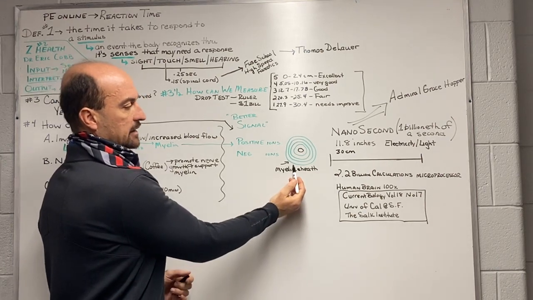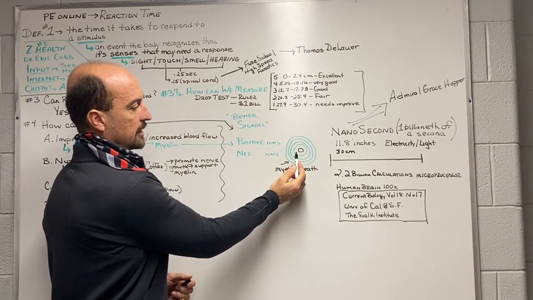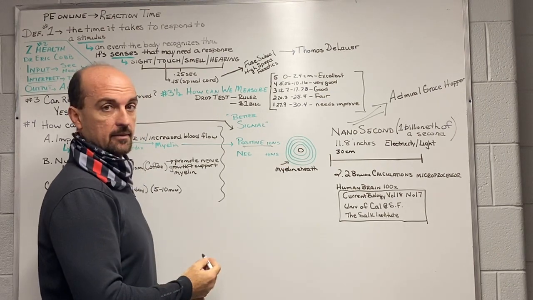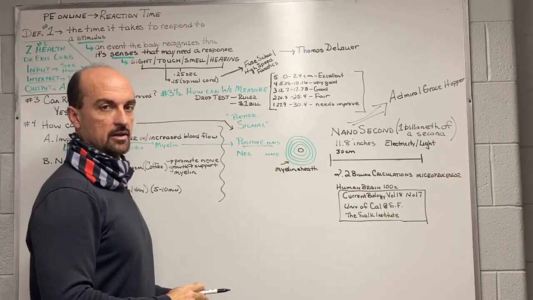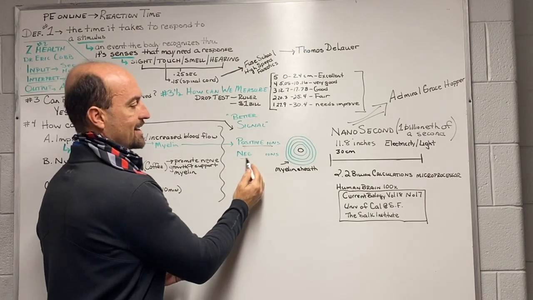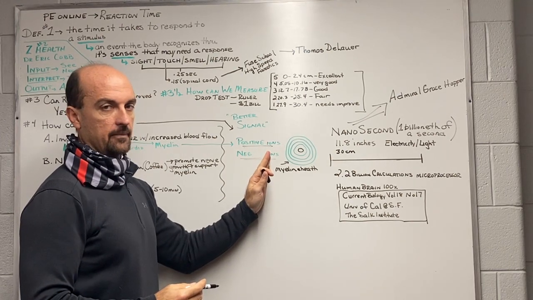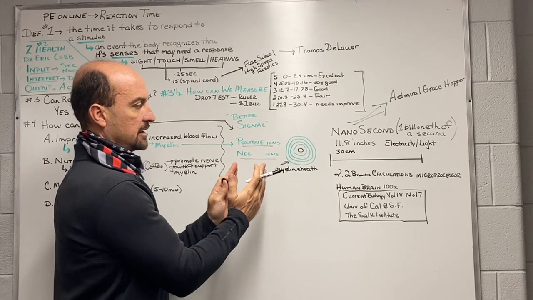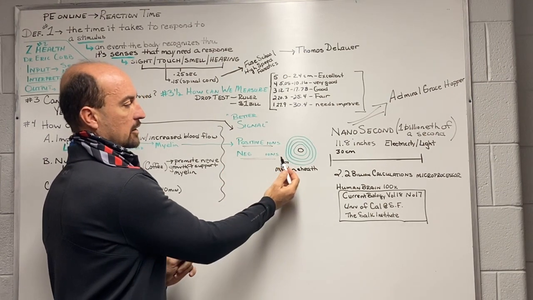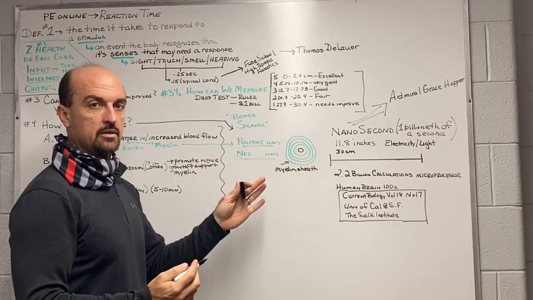All right, if the myelin sheath is thicker, what it's going to do, the positive ions inside of the myelin sheath are not going to be buffeted as much by the negative ions that are on the outside of the myelin sheath. But if the myelin sheath is narrow, okay, then these negative ions are going to impact the positive ions. They're going to impede their process way too much.